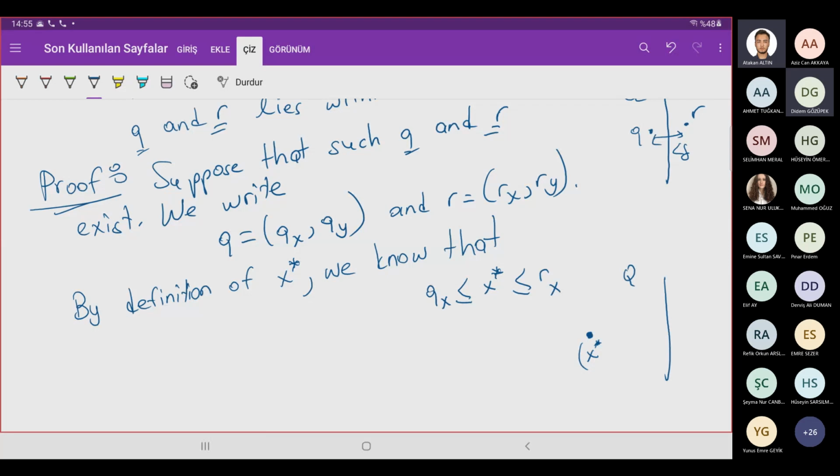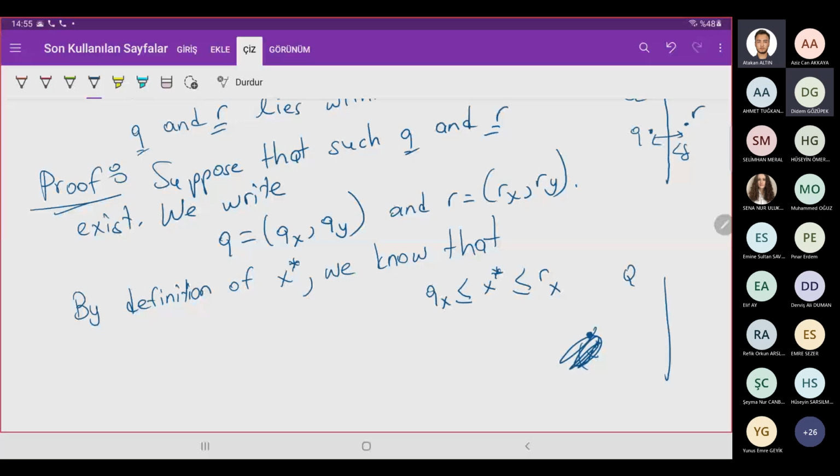So it means that the distance between q and r is less than delta, and since the distance between them is less than delta, and qx is less than or equal to x star, which is less than or equal to rx, because the rightmost point is the one that is closest to the line in region Q.